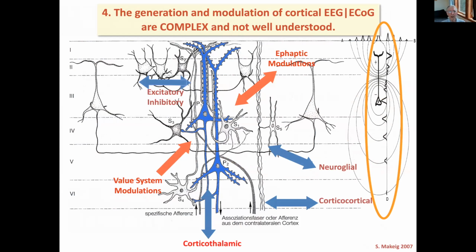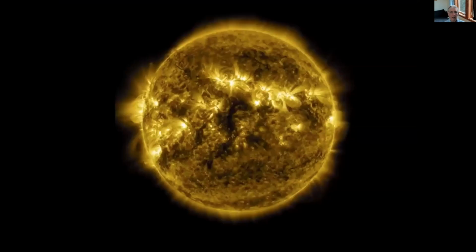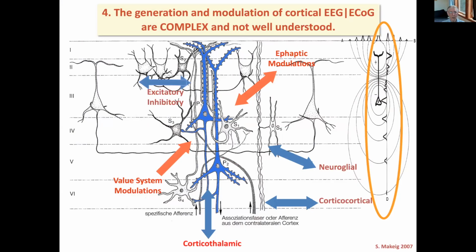Number 4, the generation and modulation of cortical EEG and ECOG is really a complex topic, and it hasn't been very well studied, and it's not very well understood. It's known that the relationship between the excitatory pyramidal cells and the inhibitory cell networks within the neuropil are very important for sustaining oscillations.